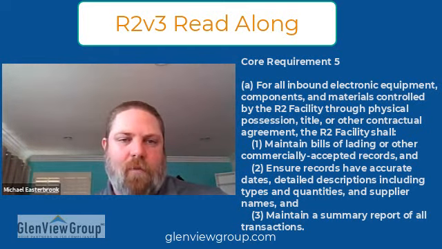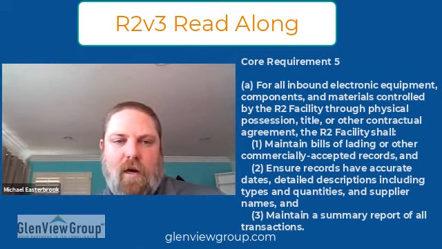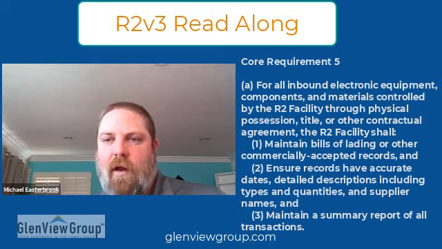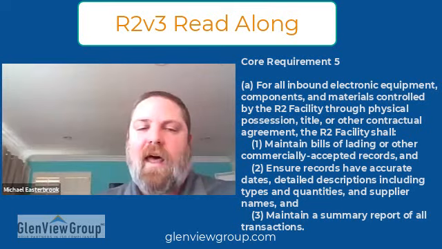And then a summary report might just be a receiving log or something in your ERP system to summarize the above information. I don't think you need a summary report that has more than just the dates, descriptions, types and quantities, and supplier names of the material that was received on those days.